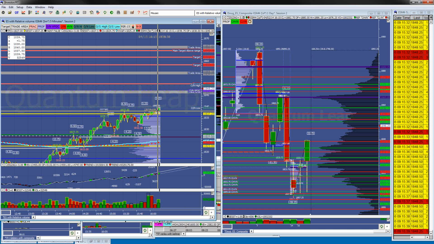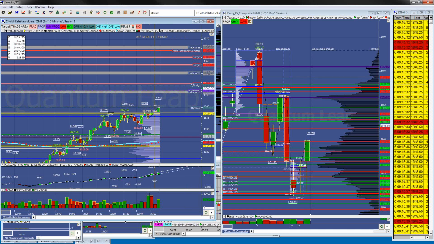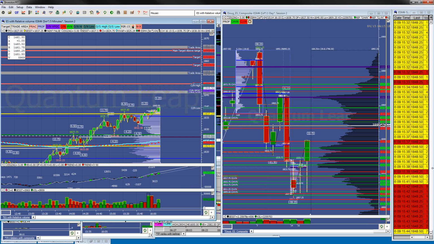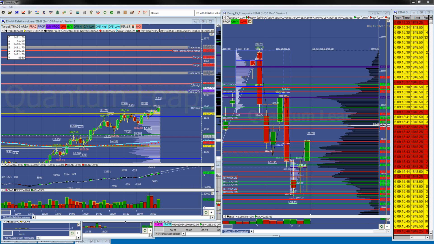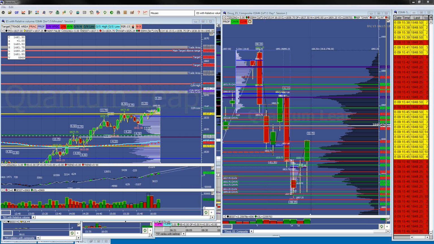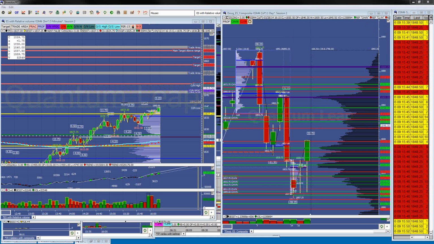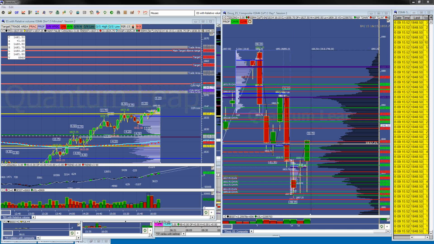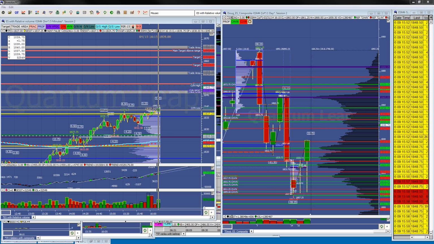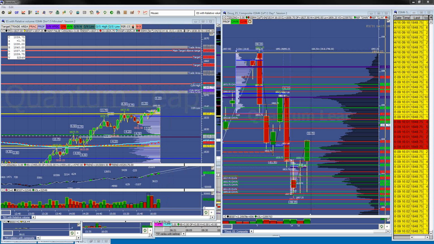Now, we've got to look at the half gap, and sorry, I don't have this calculated yet, so let me just do that. If we open right now at 48.50, we'll just base it on 48.50, and our gap close is 39.75.